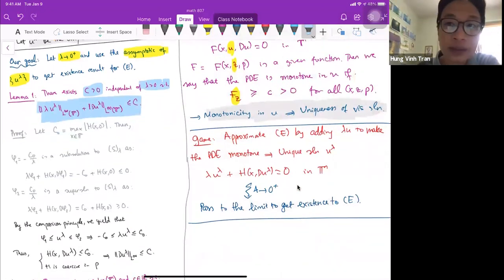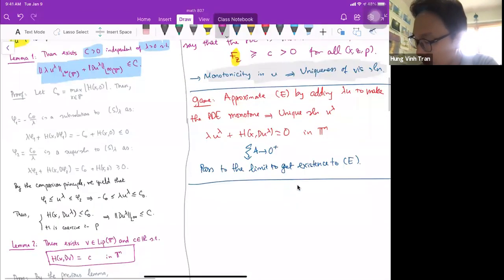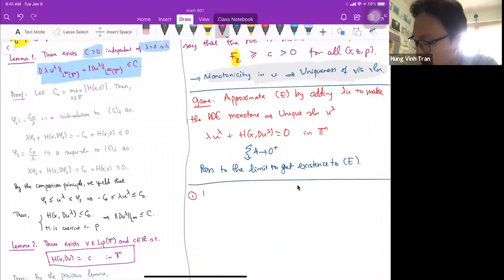So the first thing we do is to control lambda u lambda. The first point is to bound lambda u lambda.